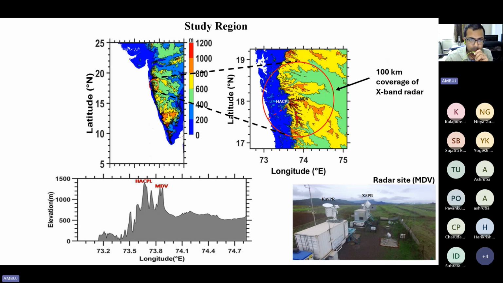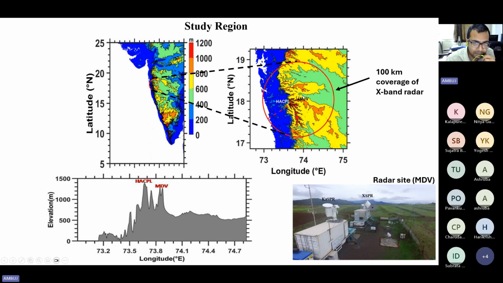Now, to explore these aspects at a finer scale, we used data of an X-band radar installed by IITM Pune at a remote hilly location, Mandardev, in the Western Ghats. Topography within the radar domain is shown here. This red circle shows the 100-kilometer range of the X-band radar.